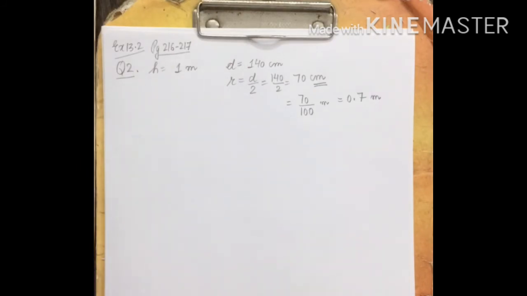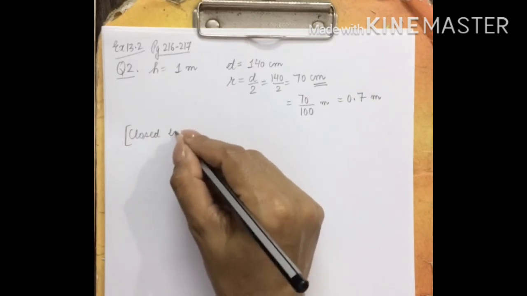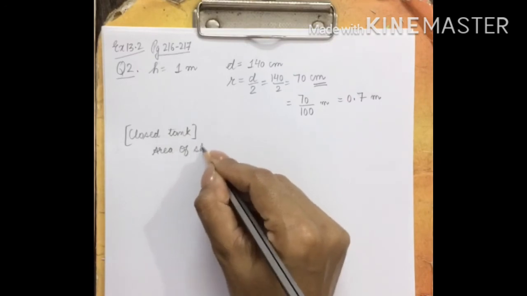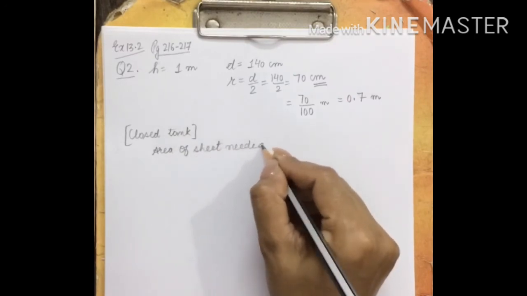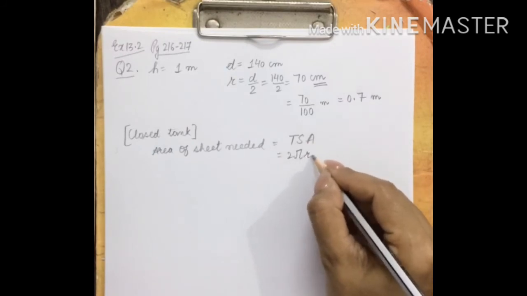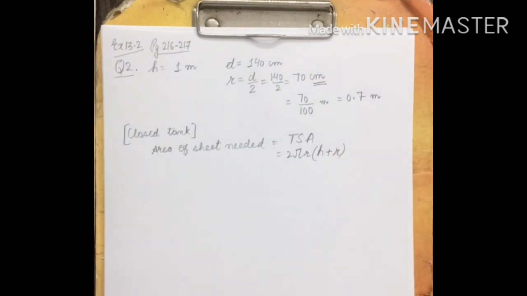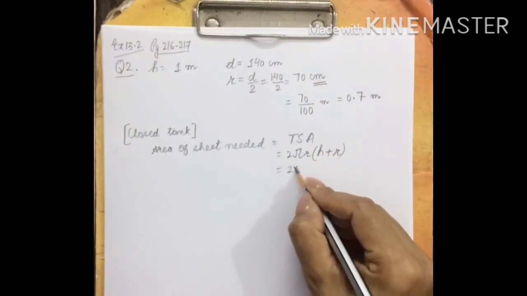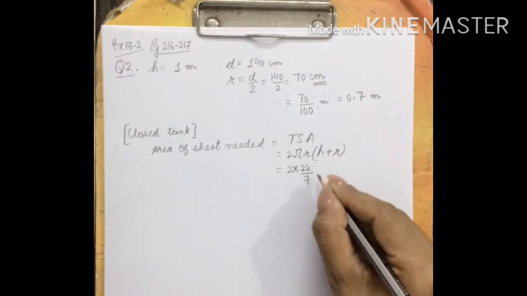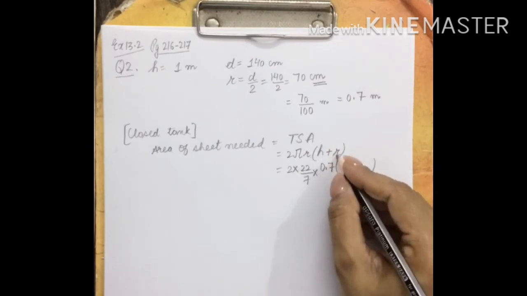Since the tank is closed, you can note this for yourself. Closed tank. So the area of the sheet needed will be given by the total surface area of the cylinder, the formula for which is 2πr(h + r). Let's use the values and simplify. So this is 2, the value of pi 22 by 7, radius 0.7, in the brackets height and radius added.